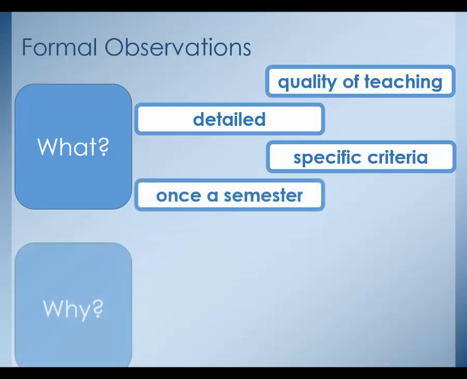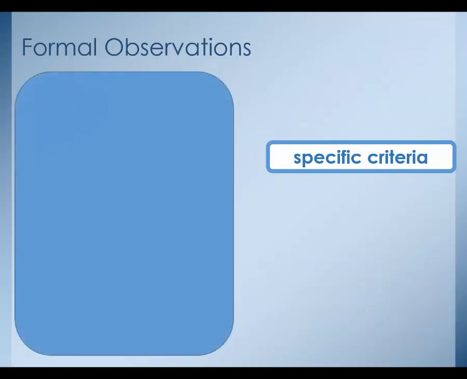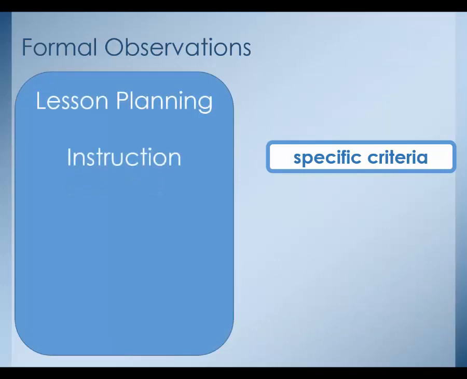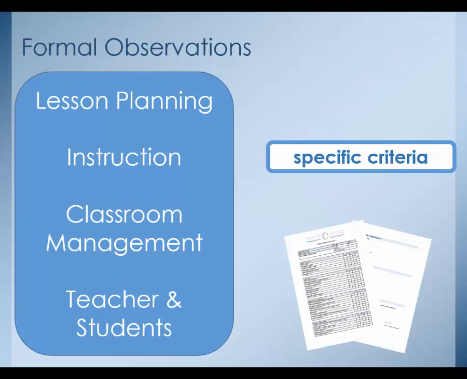They are conducted as a means of ensuring that high-quality teaching practices are being utilised in our classrooms across all campuses, and also provide teaching staff with the opportunity to develop or fine-tune their skills. The specific assessment criteria cover the following four areas: lesson planning, instruction, classroom management, and teacher and students. All the assessed observation documents, including the evaluation form with the criteria, are posted on the portal.